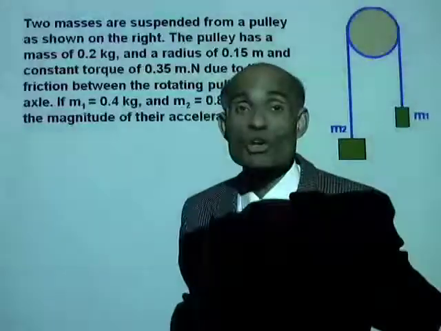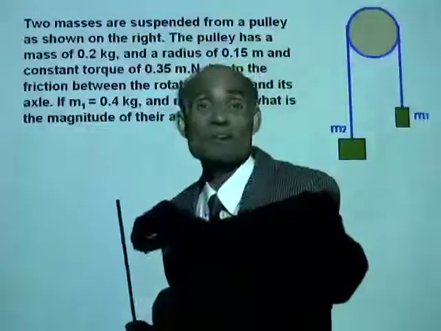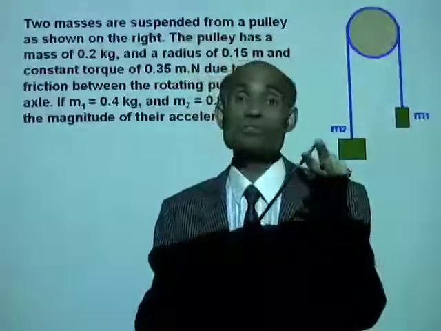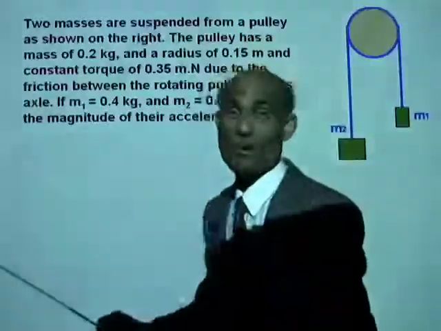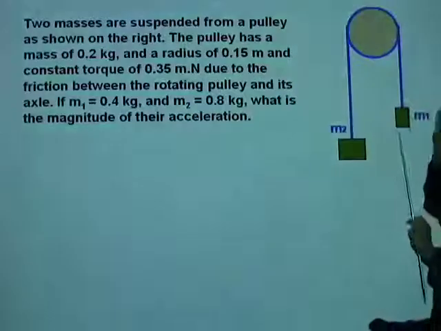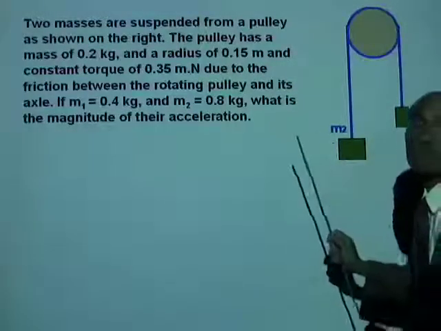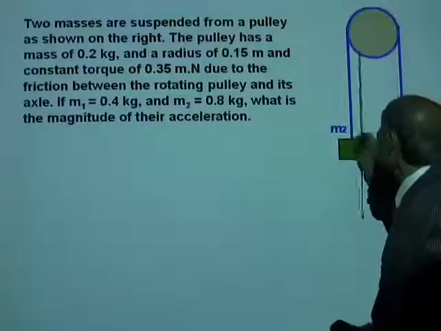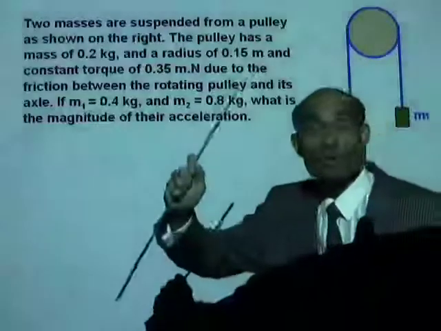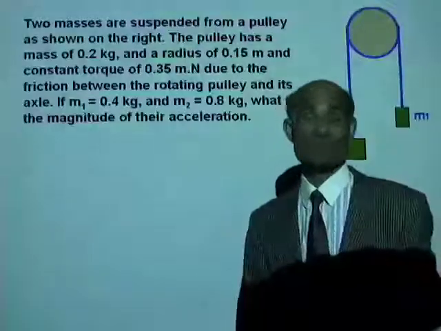The net torque equals I alpha. So we are going to produce three equations: one equation for the motion of mass m1, a second equation for the motion of mass m2, and a third equation for the rotational motion of the pulley.